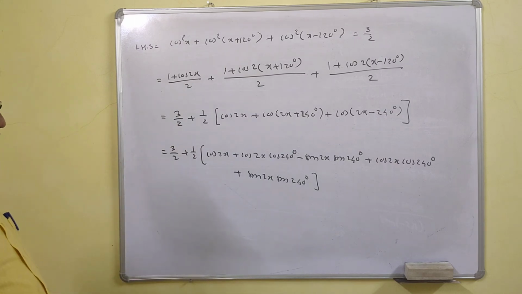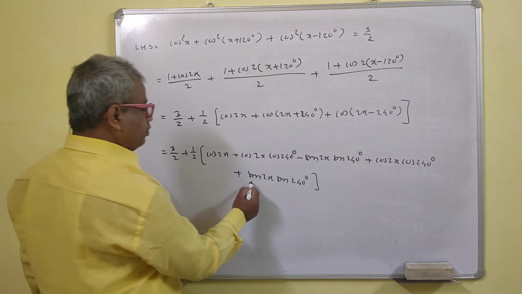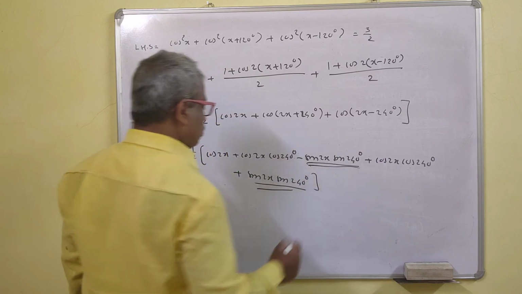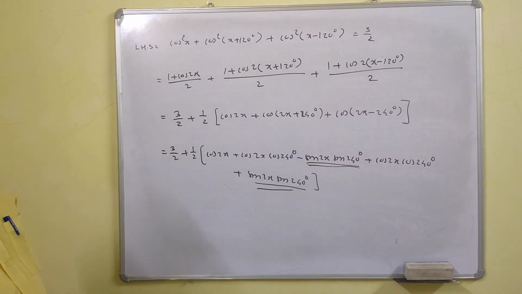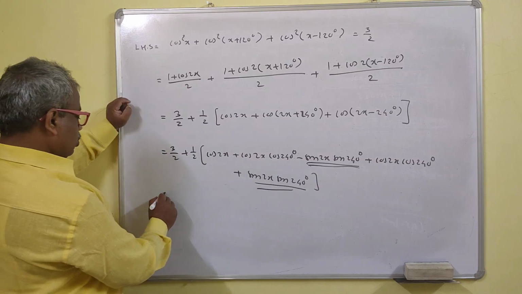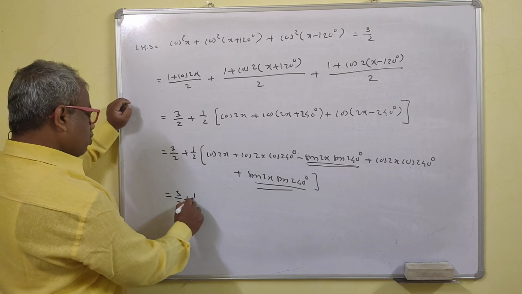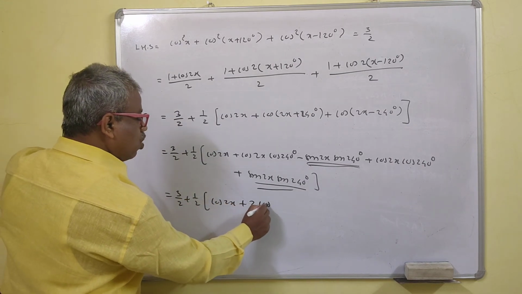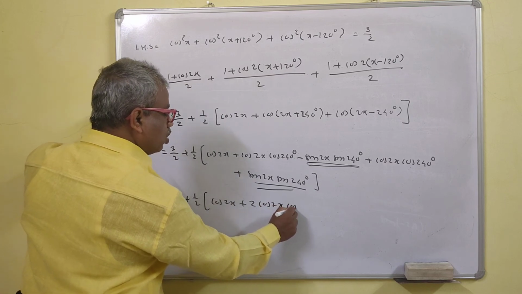Okay, now see which term gets cancelled. These are equal but opposite, so they get cancelled. Okay, now this will what then? 3 by 2 plus half cos twice x plus 2 cos twice x cos 240 degree.